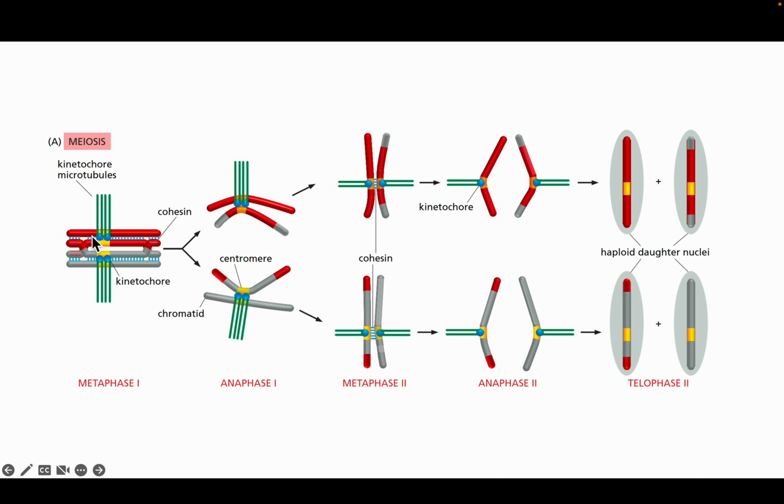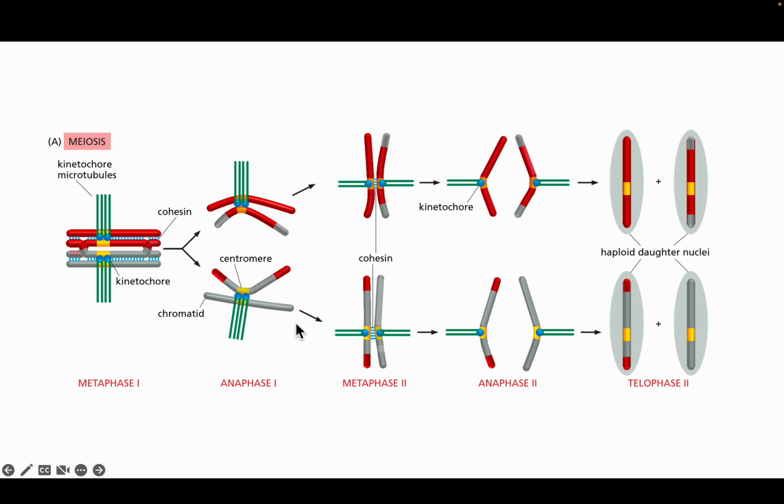You can see these kinetochores are attached for one total chromosome, the two sister chromatids, and the microtubules attach from one pole only. Here another kinetochore is getting attached to the other homolog. The blue is cohesin protein, which is helping them link to each other.